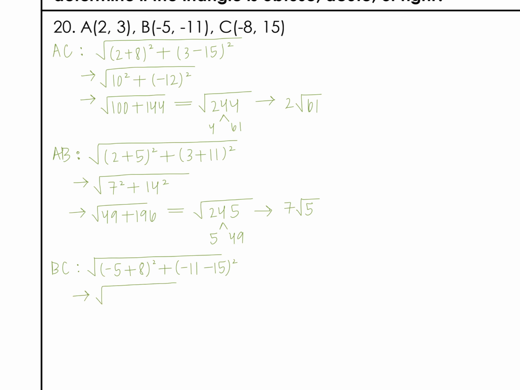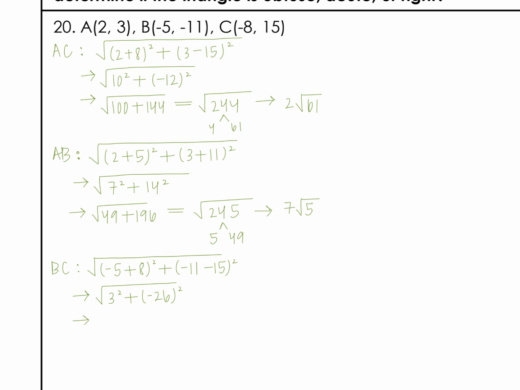Negative 5 plus 8 is going to give me 3 squared, plus negative 11 minus 15, which is negative 26 squared.